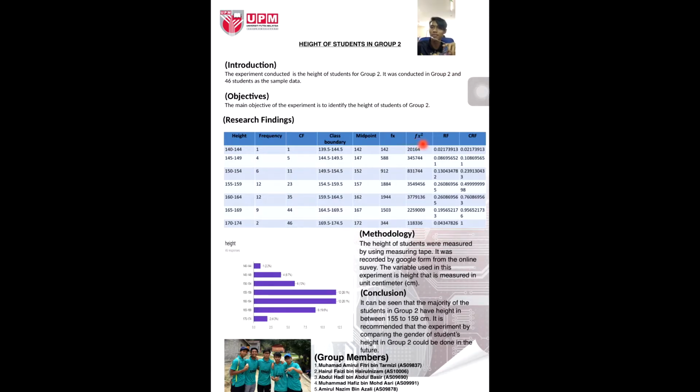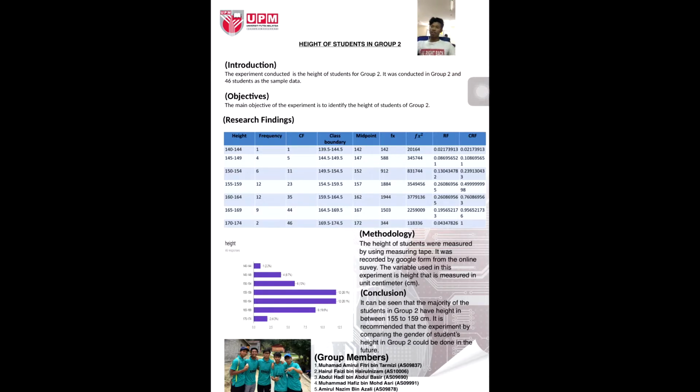Next, for the fx square, we just square the midpoint and times it with the frequency. For example, 1884 we square and times with the 12, we will get 3549456.